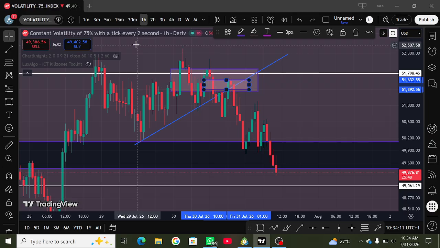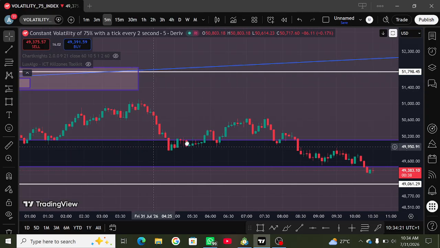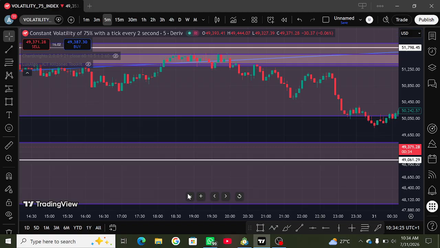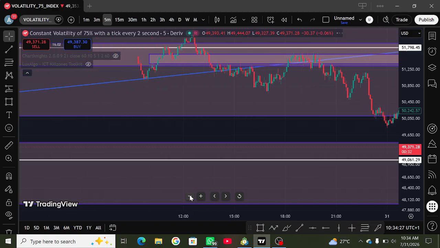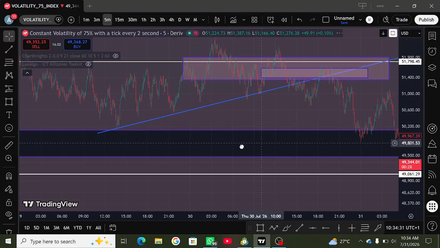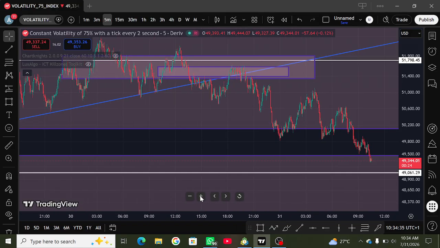This is the 1 hour time frame. If you go down to the 15-minute time frame, you will see a break and retest as well, that confirms our entry.